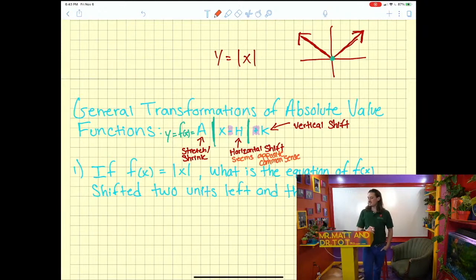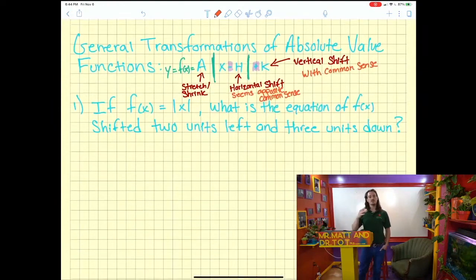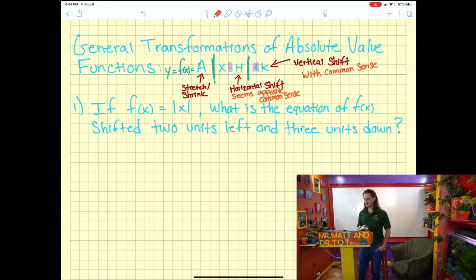If it's negative 2 next to the x, normally you would think that means left 2. But if it's the absolute value of x minus 2 inside the absolute value bars, that's indicative of a shift right 2, because the h value is opposite common sense. The k value, though, goes with common sense, because it has an addition sign next to it, so there's nothing negating the number itself.